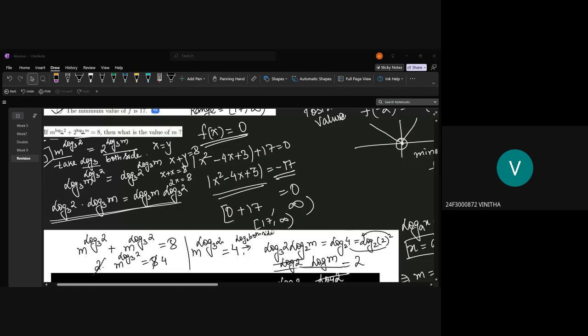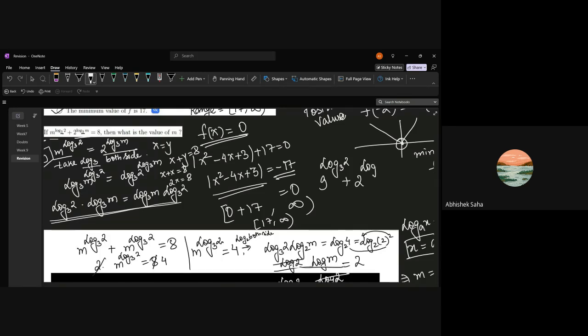Yes, sir. So I am putting 9 here. So this will be 2 to the power log base 3 of 2 plus 2 log base 3 of 9 is equal to 8.